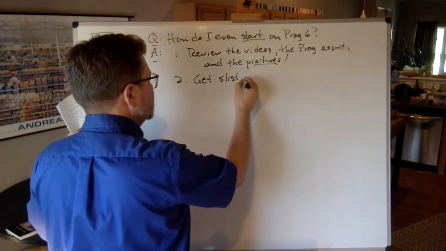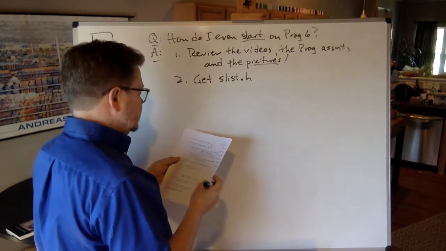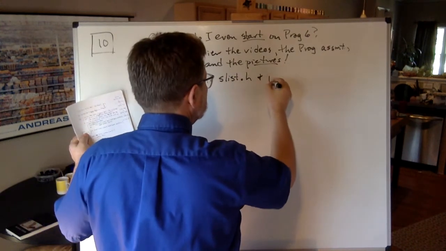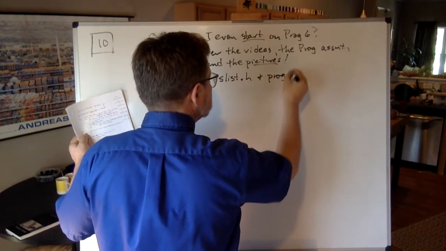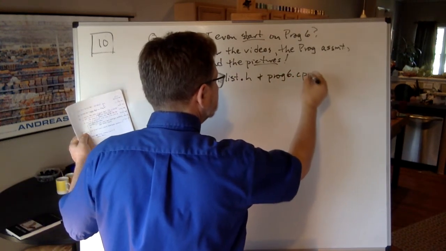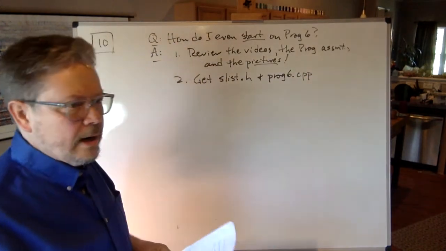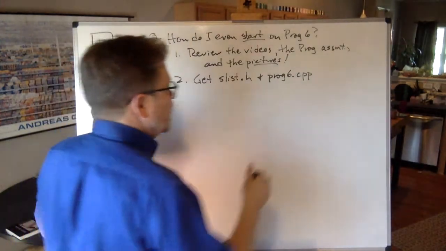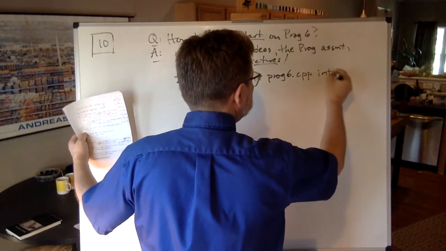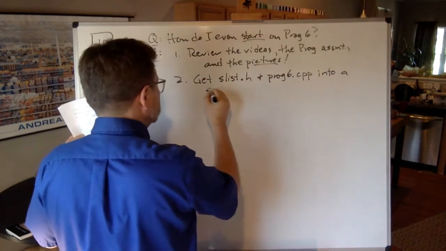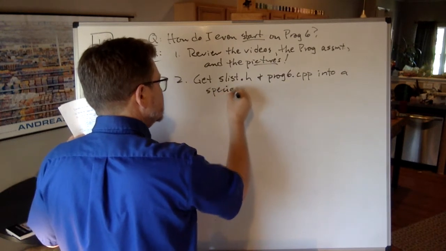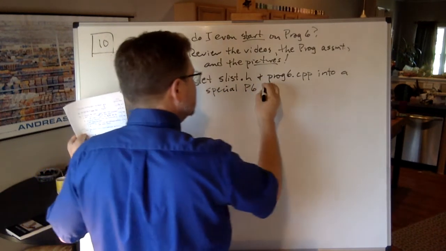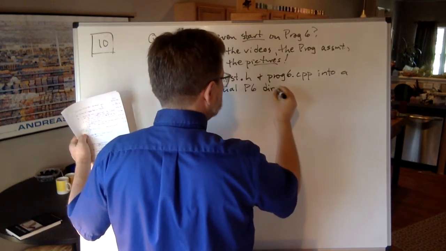2, get slist.h. That's the header file for your linked list class. And program6.cpp. That's the driver program that I wrote for you so you can test your class, see if it works. And put them into a special P6 directory, folder, whatever you used to call it.